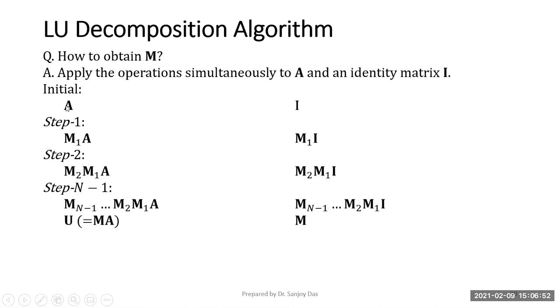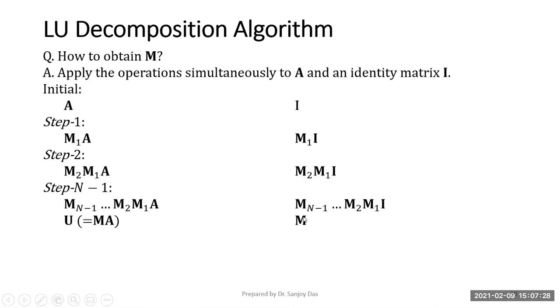So what we did is a lot of row operations, and eventually A got converted to an upper triangular matrix. We took this identity matrix and did the same set of row operations on I. And then what we get is M. Okay, so now we have both M and the upper triangular matrix U.